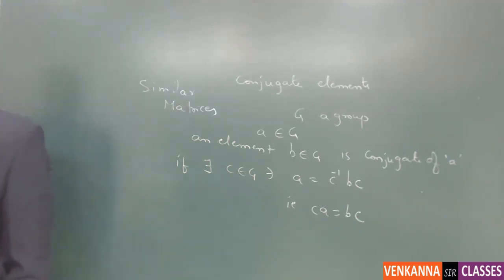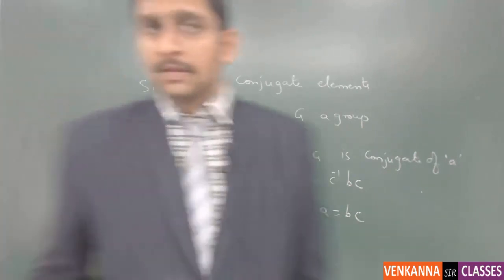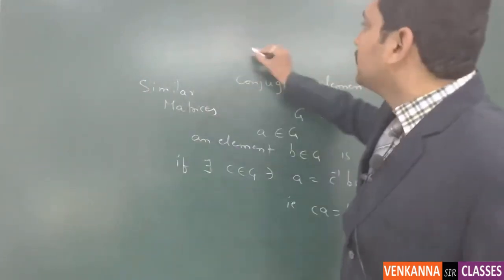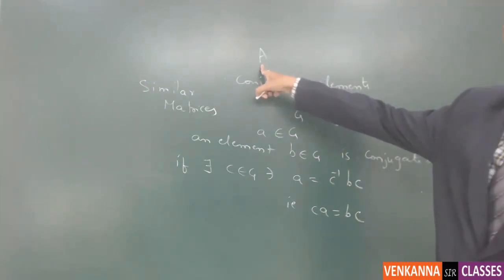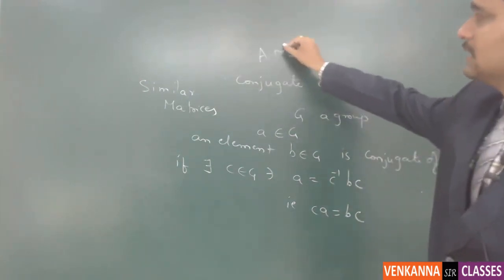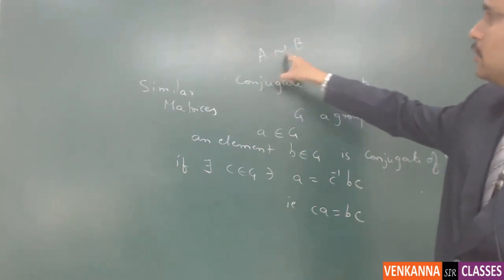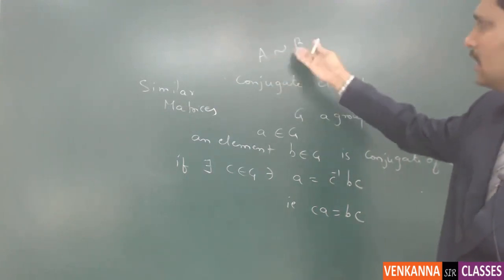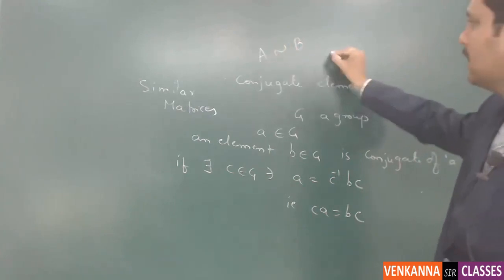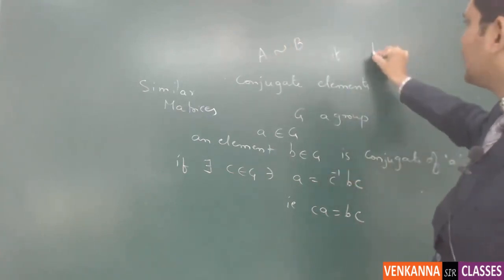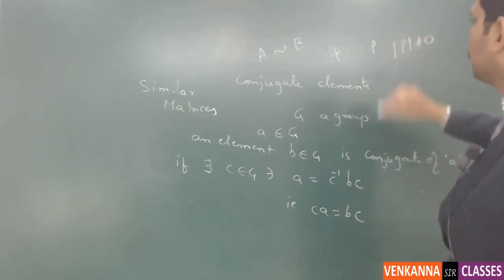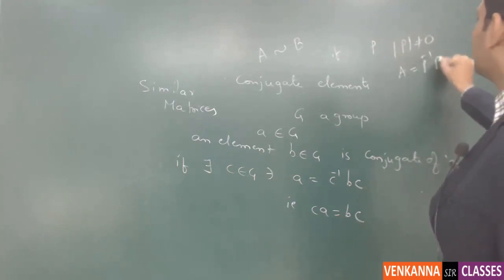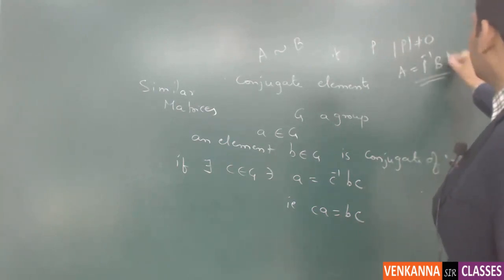In linear algebra, if you take a square matrix A, we say that A is similar to another square matrix B if you are able to find a matrix P such that determinant of P is not equal to 0 and A is equal to P inverse BP.